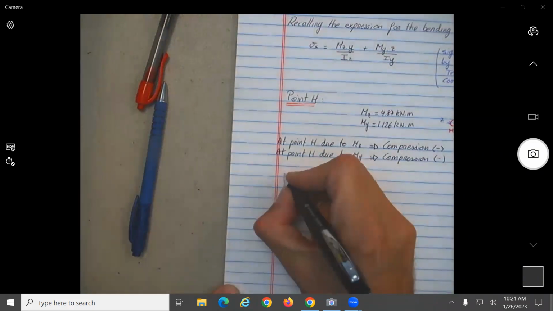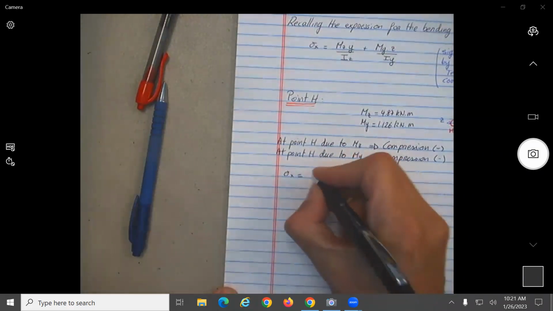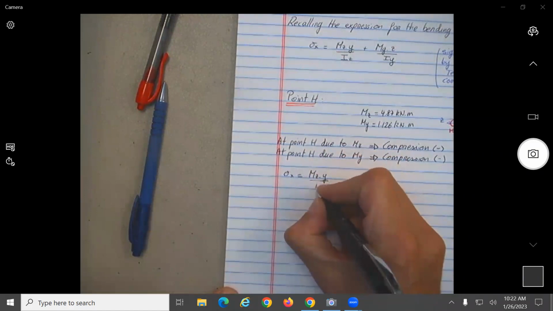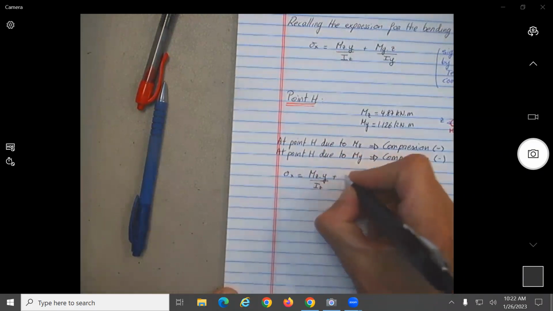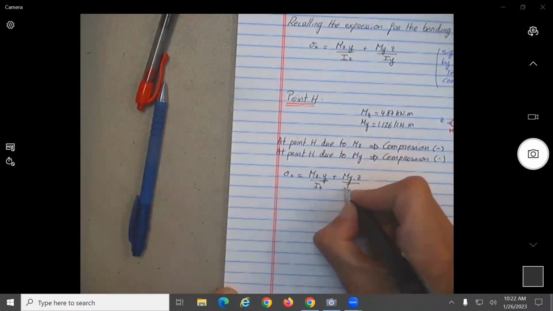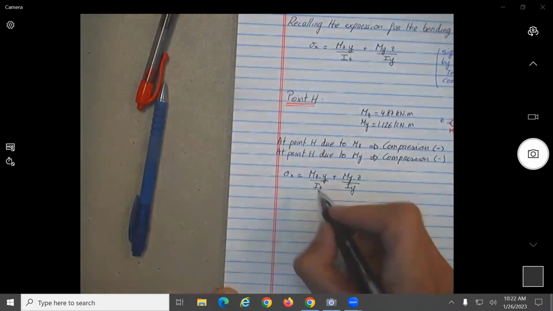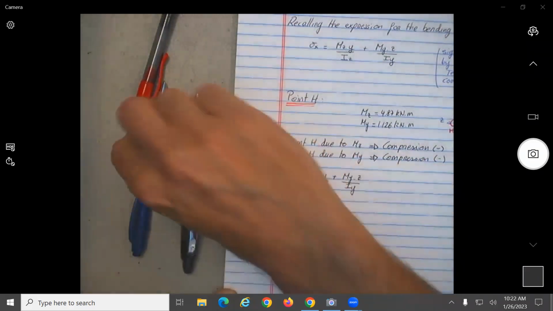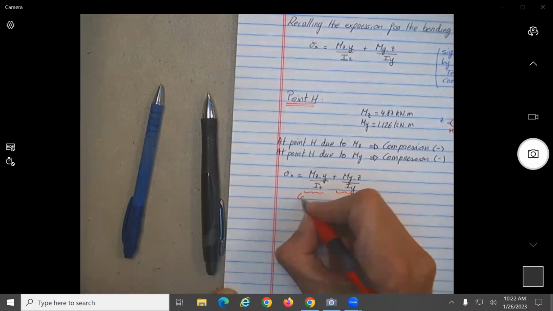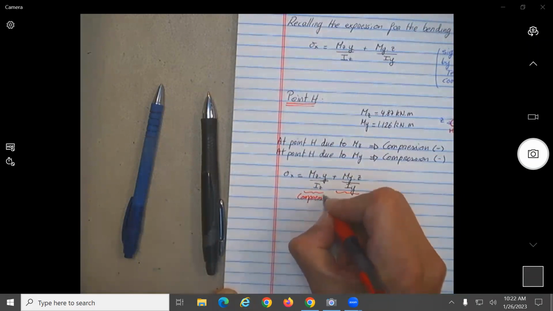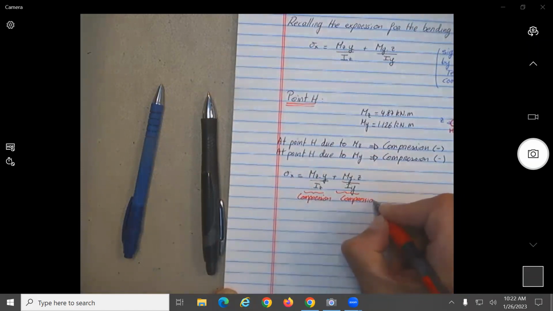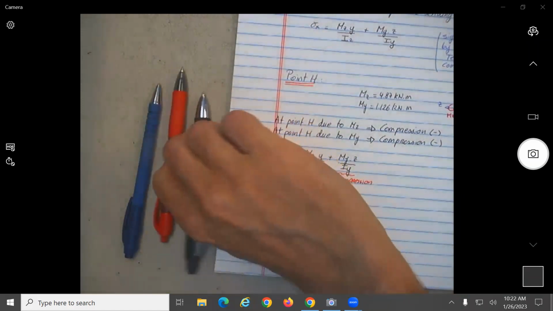We're going to have sigma sub x equal to MZ times Y, and here be careful, divided by I sub Z, plus MY times Z divided by I sub Y. What we just said is that this term is in compression, because I don't want you to get messed up now with the signs. We are looking at the whole term, no? Both terms are in compression, correct?